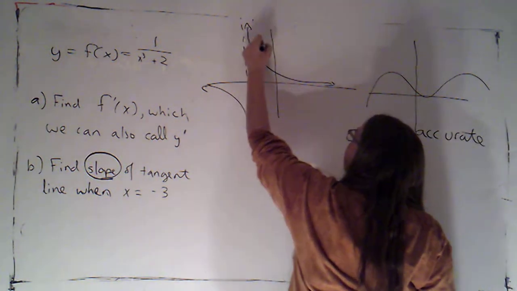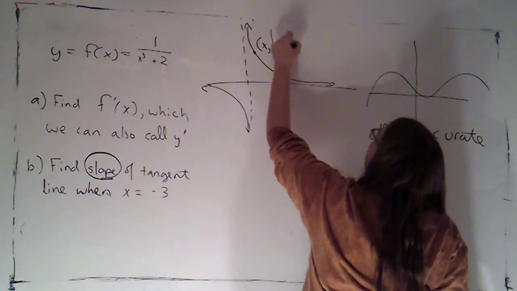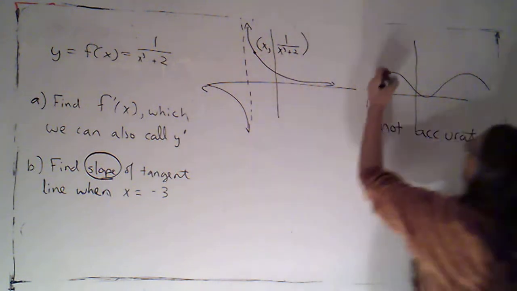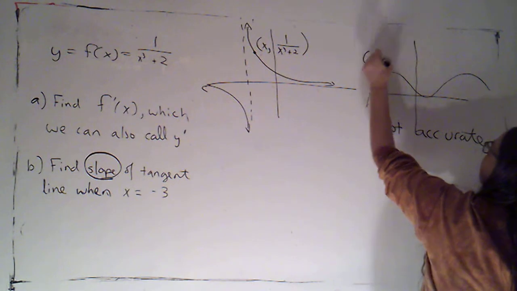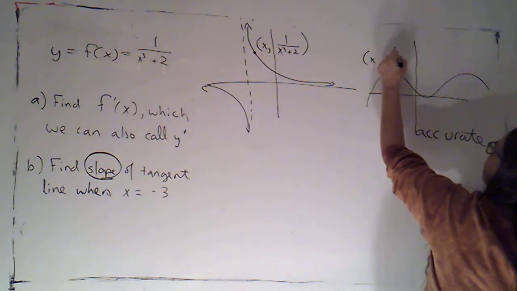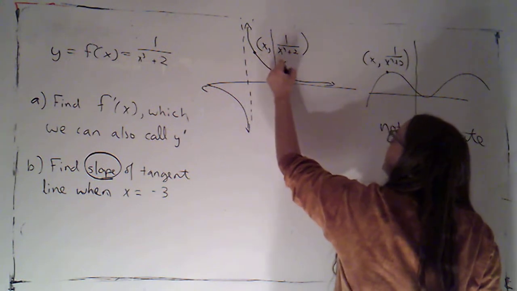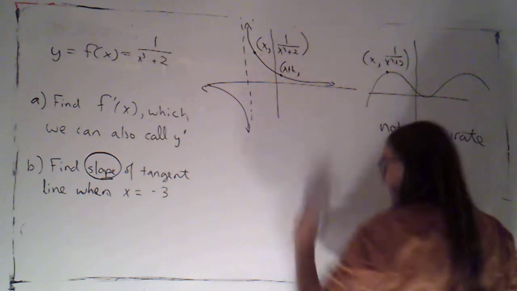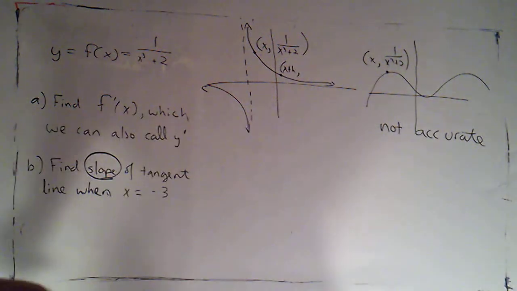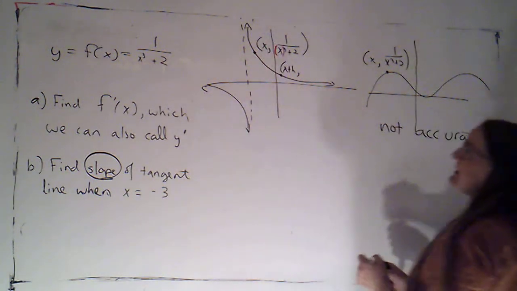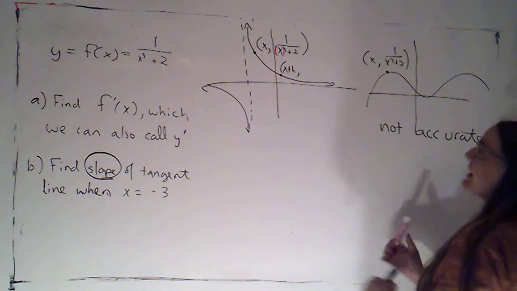So our point of tangency will be x, 1 over x cubed plus 2. And I can put that on my graph. And then I'll have a nearby point, which I'll call x plus h. And then for the y value, I want to recognize that I'm just replacing x in my formula with x plus h.